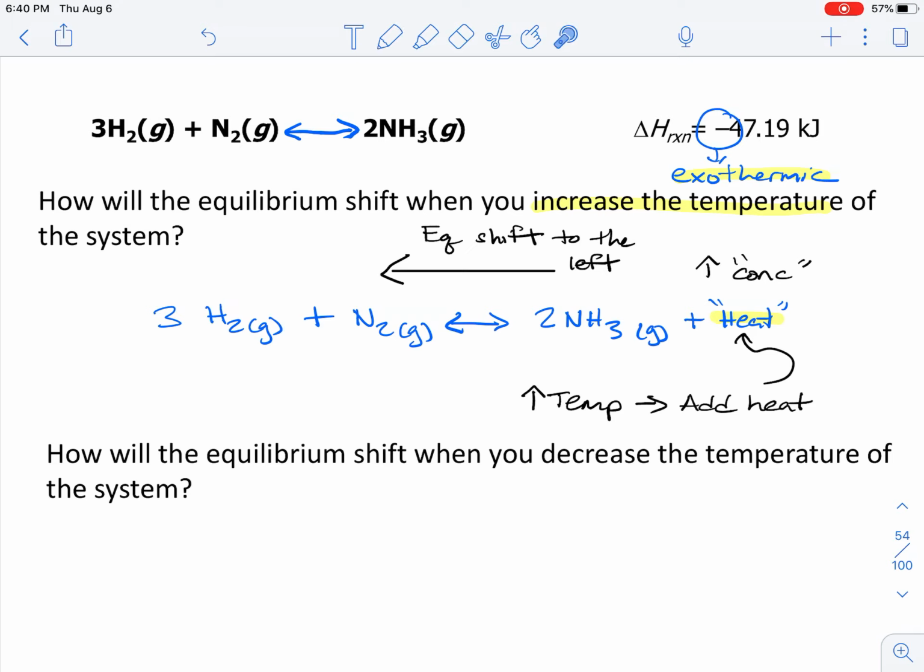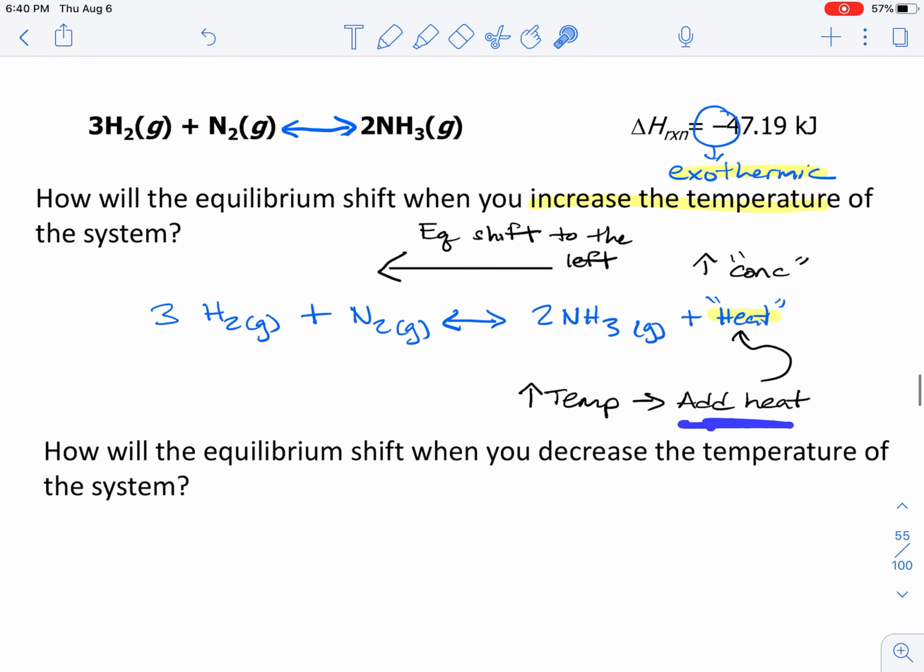And so let's think about this. If we add heat to the system, to counteract this disturbance in equilibrium, we need to consume the substance that was added.